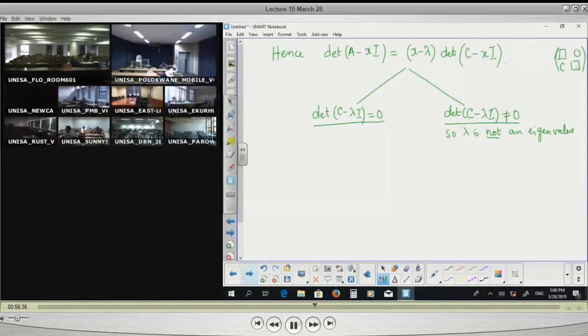So, the algebraic multiplicity of lambda is 1. Right? So therefore, the geometric multiplicity is 1. Okay?